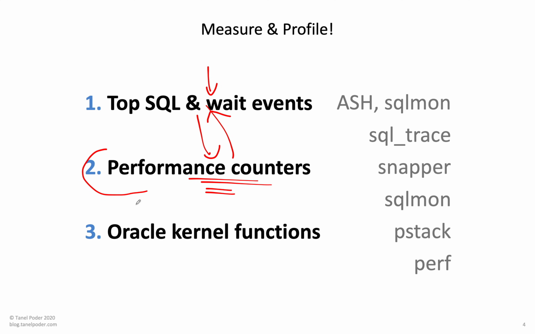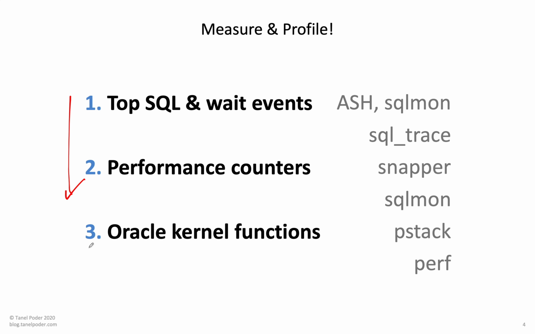And then the final jump to the next level was basically when I started diving into the kernel function level, when these counters were not enough. I always start from the beginning. I never jump down here, right?